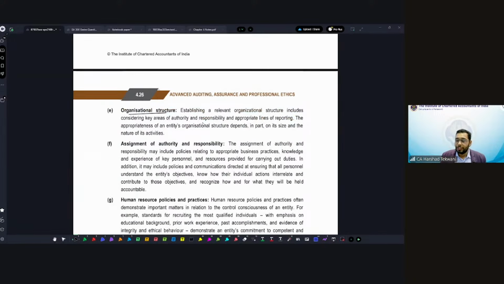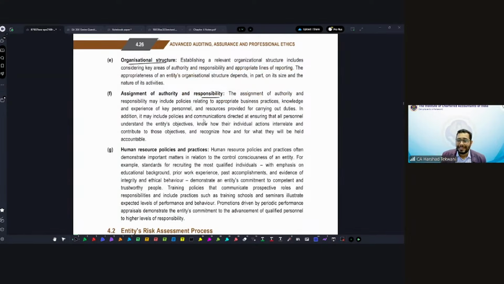Then organizational structure, because it can involve, for example, if a control is this three-way match, you can have multiple different controls in an organization, so your organizational structure is involved, like the procurement team, on one side the accounts payable team, on one side your vendor team, some different teams are involved. Over there you have a responsibility assigned, and in the overall structure, you have defined who will do what, what will be the responsibility of which person.